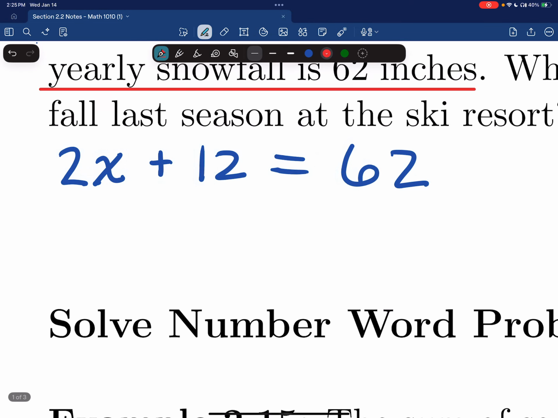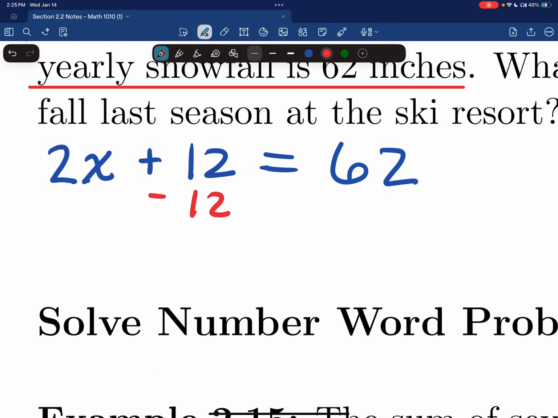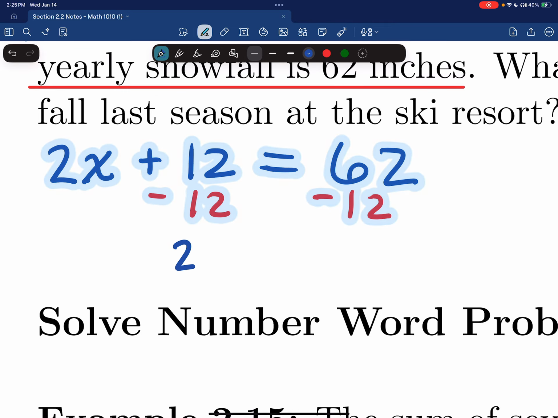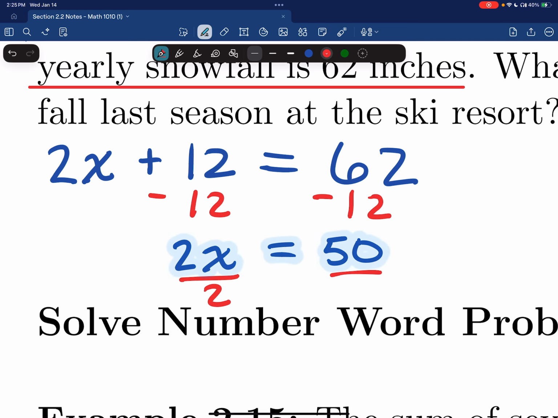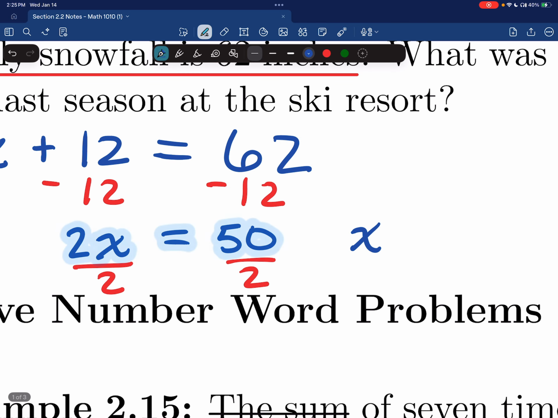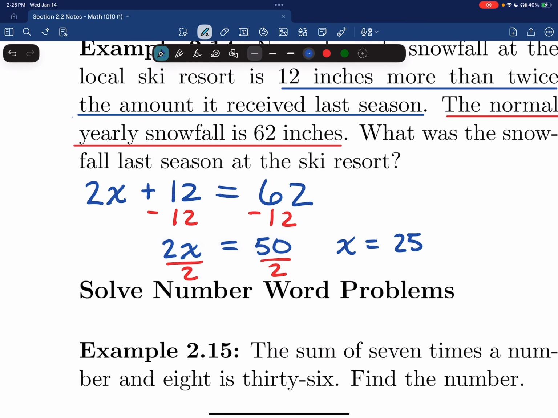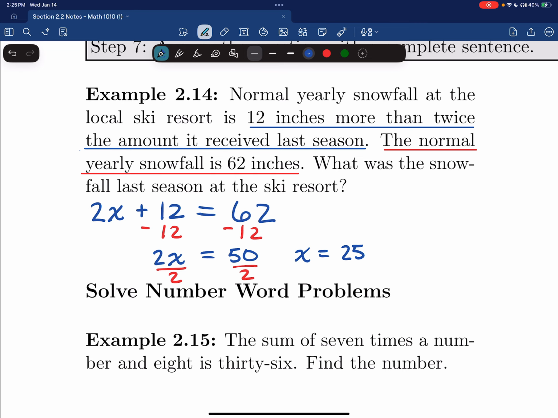So, I could subtract 12 to start to get the variable x by itself. And now I have 2x equals 50. Next, I'll divide by 2. I have now gotten the variable x all alone, and it equals 25. Well, let's go back and think about what x represented. x represented the amount of snowfall from last season at the ski resort.